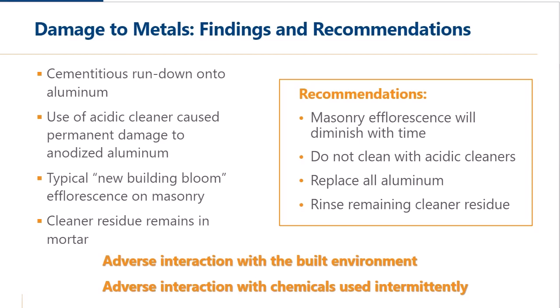An acidic cleaner will clean it right off, but we don't want to do that because this is going to damage your aluminum unless that aluminum is extremely well protected. But you can rinse it with water. It'll help a little bit, not a lot. You can brush it off, or you can just sort of understand that this is expected for this type of building. We also learned that cleaner residue remains in the mortar.